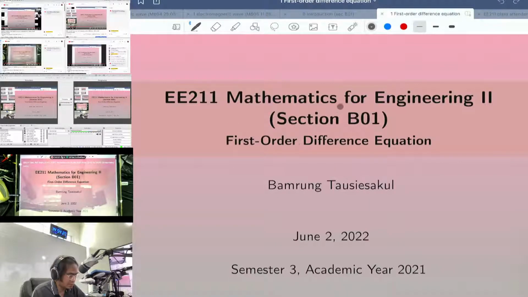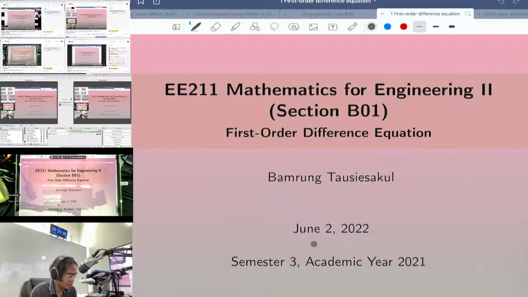Good afternoon everyone, welcome to EE211, which is Mathematics for Engineering 2. We will talk about the first order difference equation. We start at 14:52, right? Yes, of course. My name is Bamrung Taosaskun and today is June the 2nd of 2022, semester 3, which is the summer semester of academic year 2021.